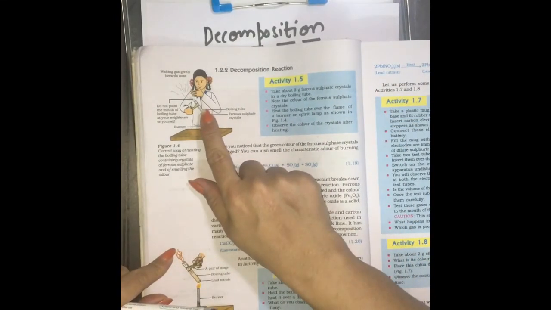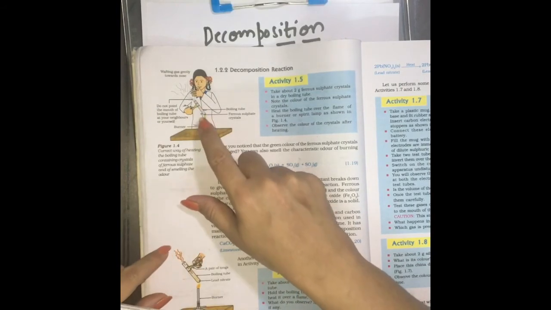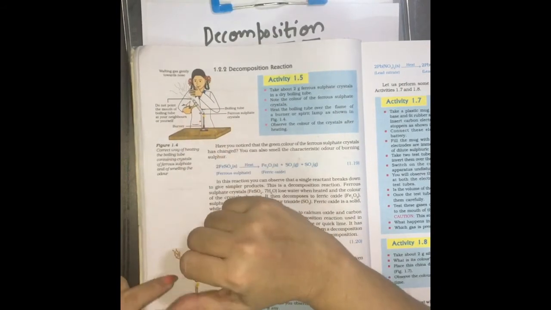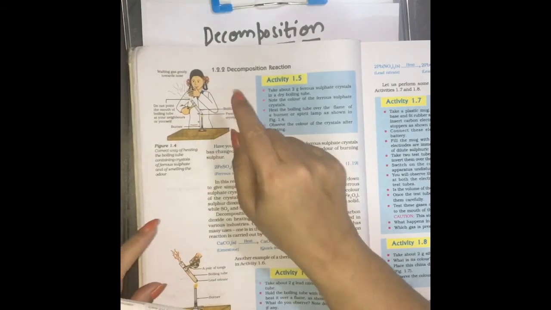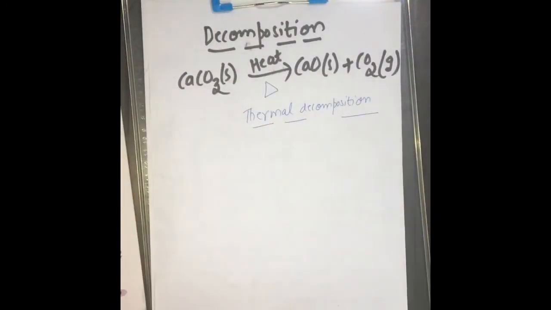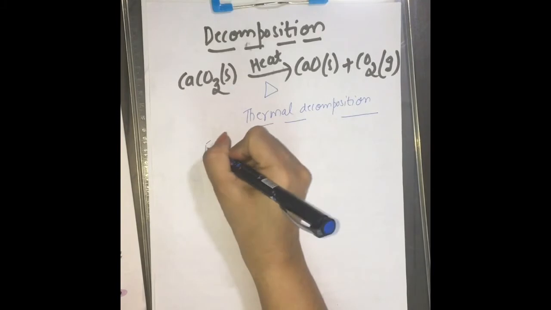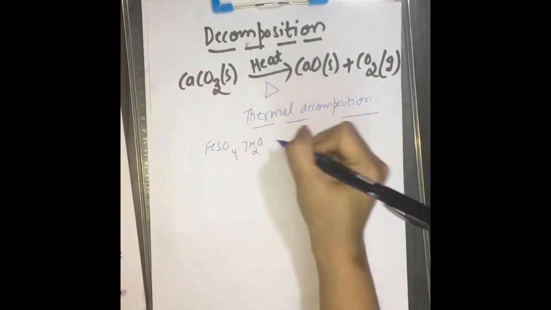When you heat the boiling tube with the help of a burner or a lamp, what will you observe? The color of the ferrous sulfate crystals will change after heating. How will the color change? What you have taken initially are the ferrous sulfate crystals.